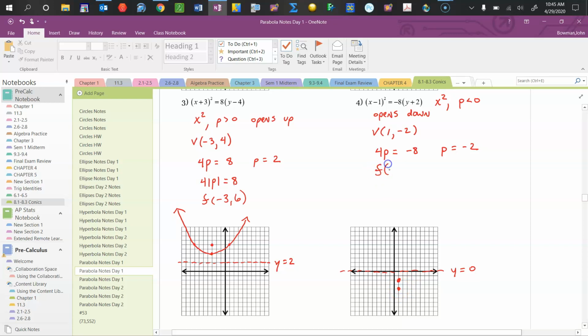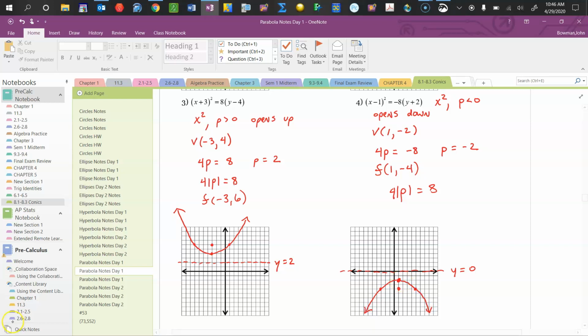So the coordinates of the focus are (1, -4), and the focal width, 4 times the absolute value of p, is equal to 8. So we go 4 units in each direction from the focus. 1, 2, 3, 4. 1, 2, 3, 4. And we can accurately draw our parabola that opens down.